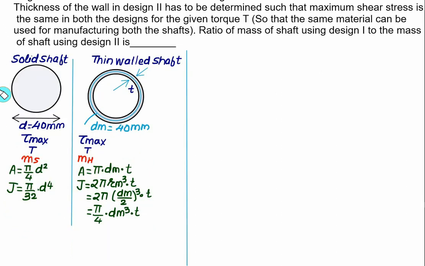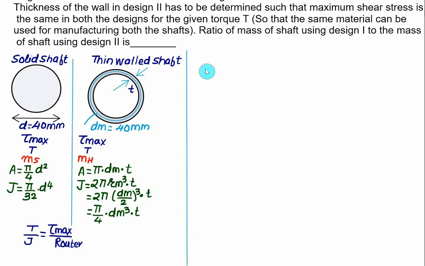The maximum shear in the case of a solid shaft will occur at radius equal to d by 2, and here it will occur at dm by 2. Now we have the torsion formula here, that is T divided by J equal to the maximum value of the shear stress divided by R, where R is the outer radius.